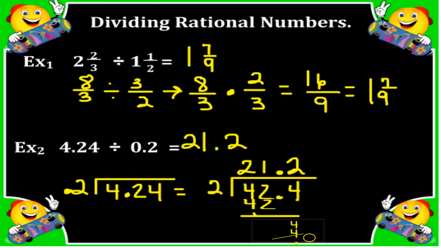Then divide natin 42 by 2, naging 21, di ba? 4, bring down 4. Understood na yun na point. So we have 0.4. 4 divided by 2 is 2. 0.2. So 2 times 2 is 4. So 0. That's why we have 21 and 2 tenths. So that's it.